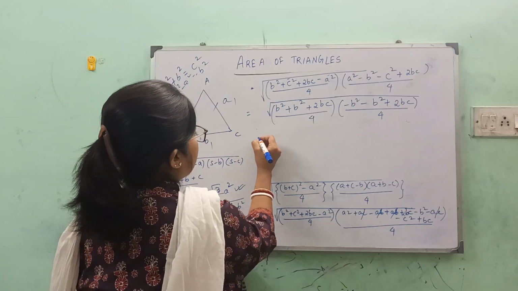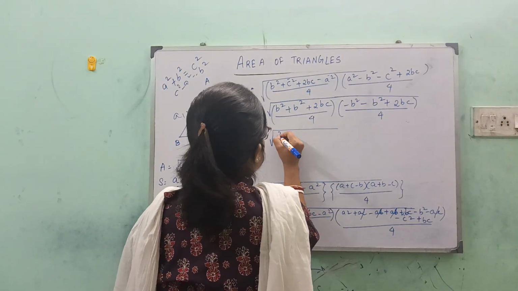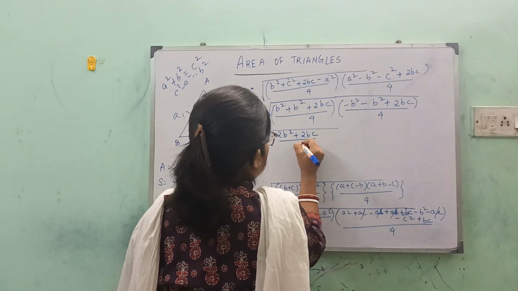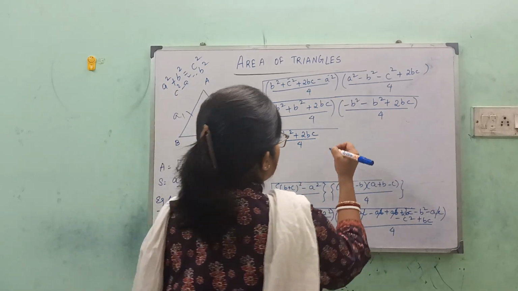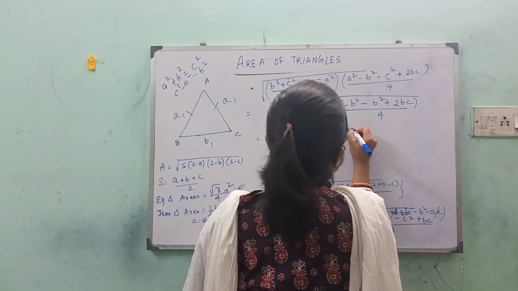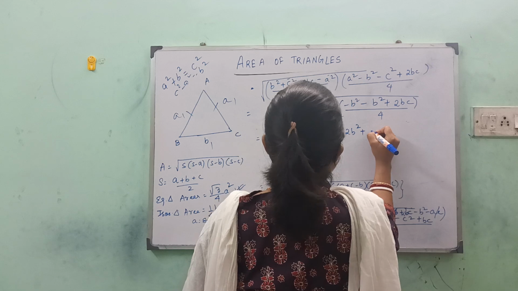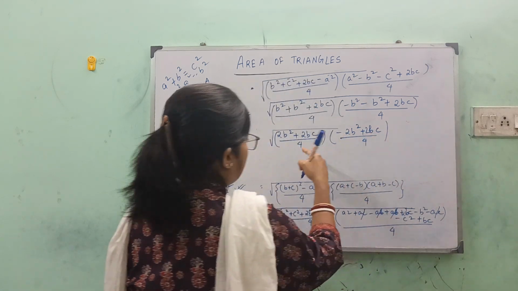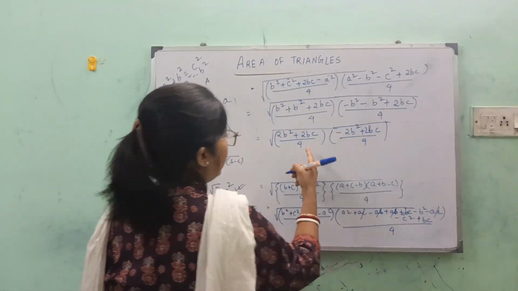Keep following the steps. This is 2b² plus 2bc by 4, and this is minus 2b² plus 2bc by 4. Now there's a 4 here, there's a 4 here, so I can take 4 into 4, 16.